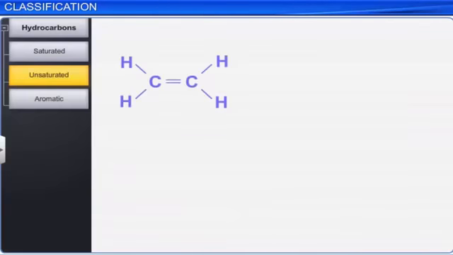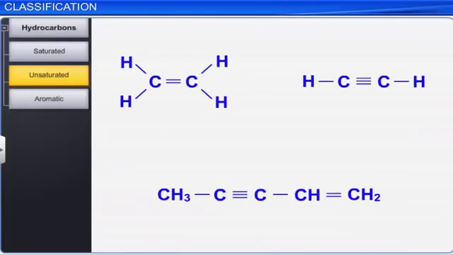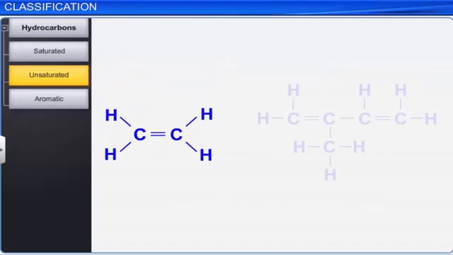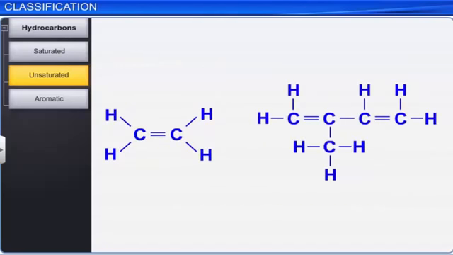Unsaturated hydrocarbons consist of one or more carbon-to-carbon multiple bonds, that is, a double bond or a triple bond or both. Unsaturated, open chain or acyclic hydrocarbons in which carbon atoms are linked by straight or branched chains containing at least one carbon-to-carbon double bond are called alkenes.